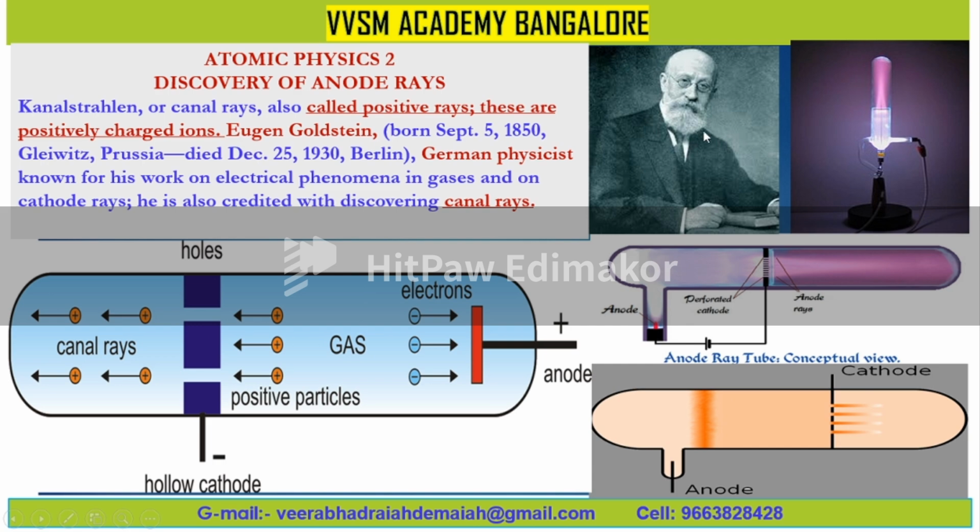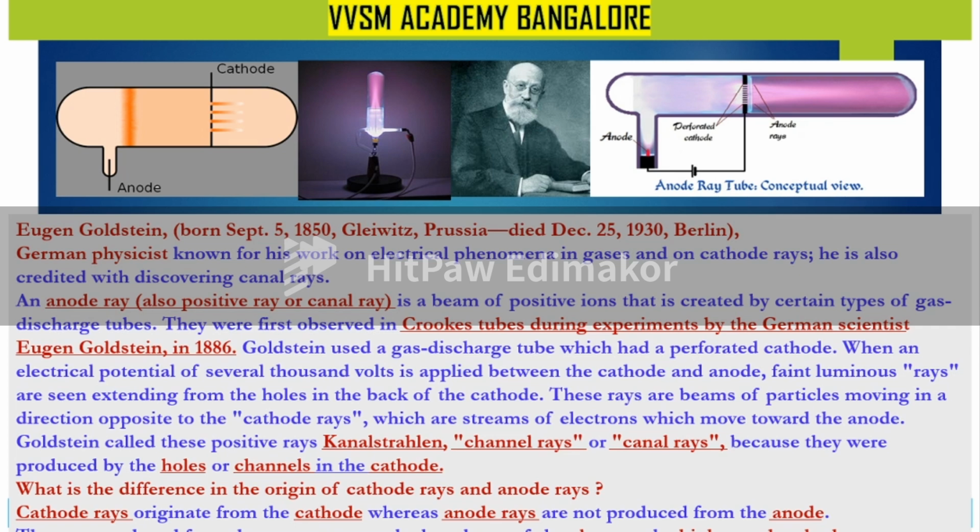The great German physicist Eugen Goldstein discovered and observed them in Crookes tubes during experiments in 1886.